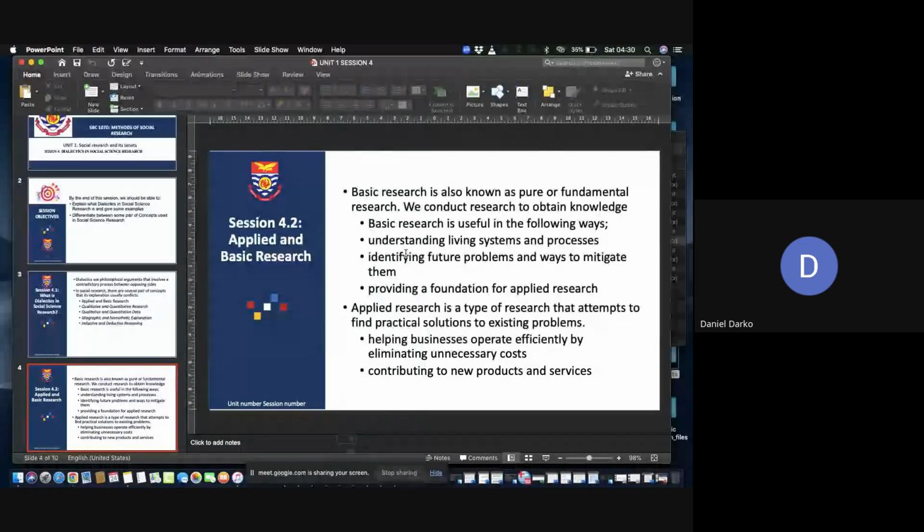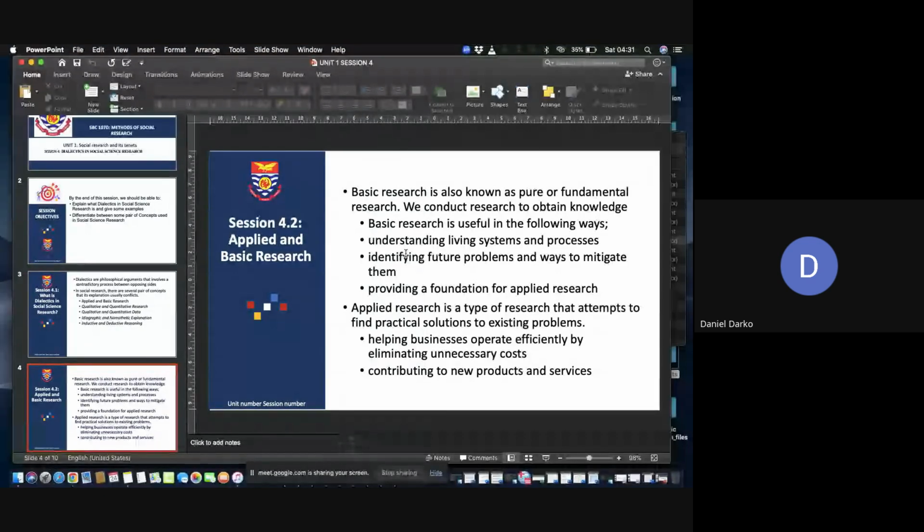But applied research is when we conduct research not just to obtain knowledge, but to find practical solutions to existing problems. The moment we go beyond the knowledge gathered from basic research to find solutions to existing problems, that research becomes applied. That's the difference, and that is where the contradiction comes in.